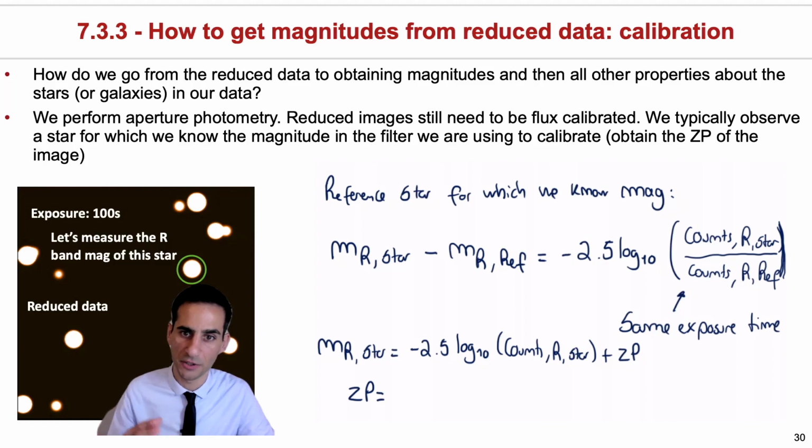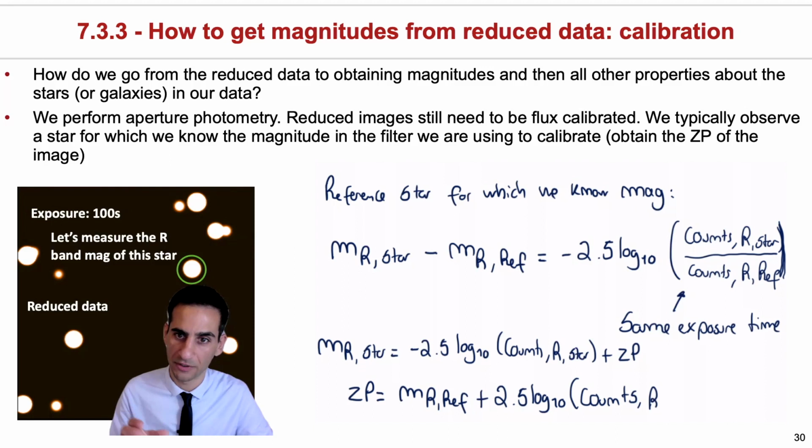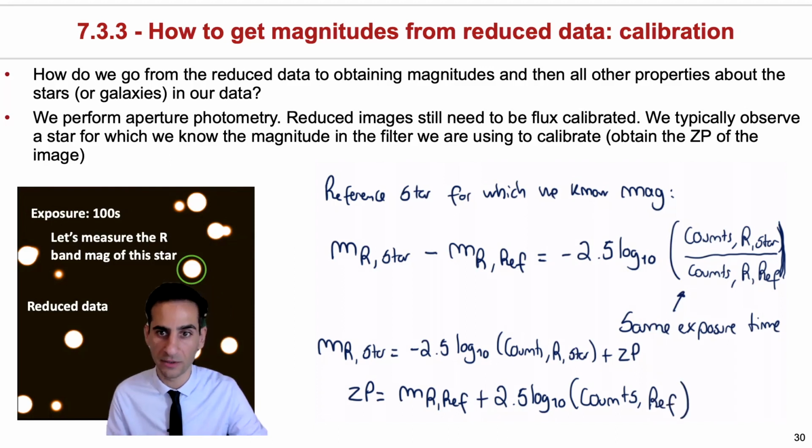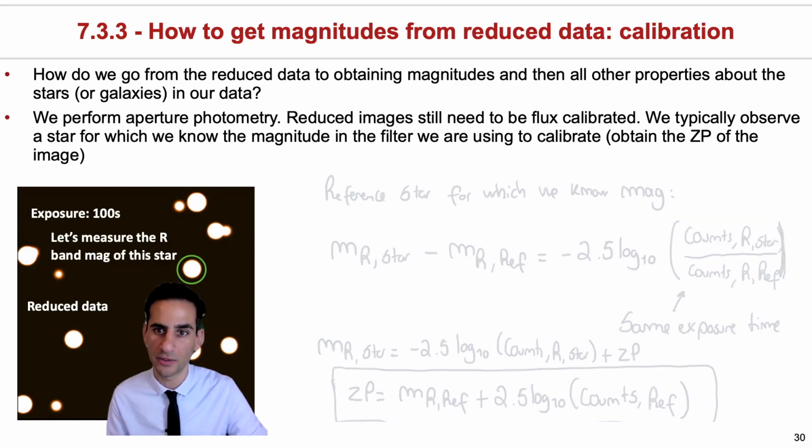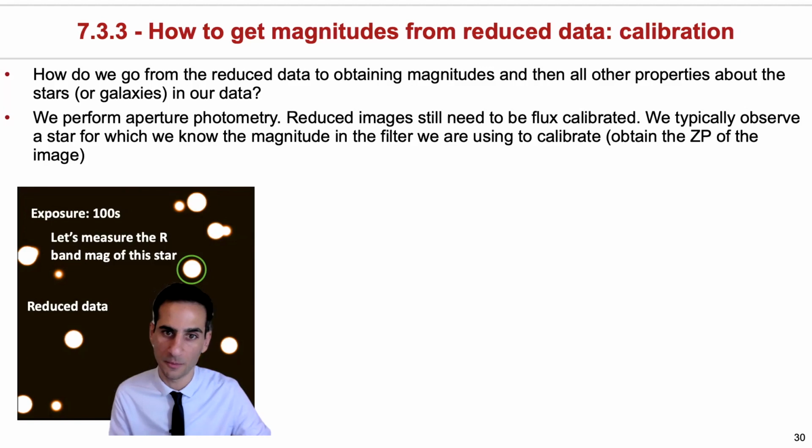In this case, if we're using a reference star, the 0 point is simply obtained by using the magnitude we know from the reference star plus 2.5 log 10 of the number of counts that we obtained for that reference star. And the other important thing to point out is that if we're doing the same exposure times, all these equations will work straight away. If not, we need to normalize by the exposure time.